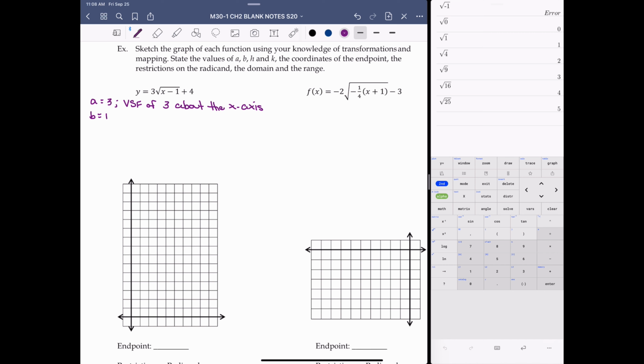We have an h that is equal to, if it says x minus 1, then h is opposite, so x is plus 1, which represents a horizontal shift or translation of 1 unit right. And then we have k equals 4, which is a vertical shift or translation 4 units up.